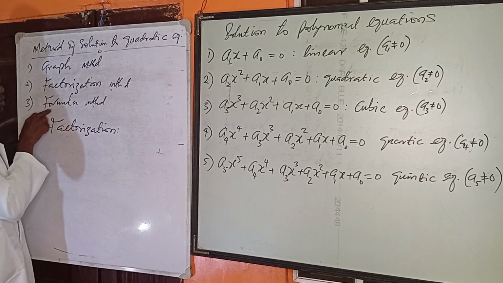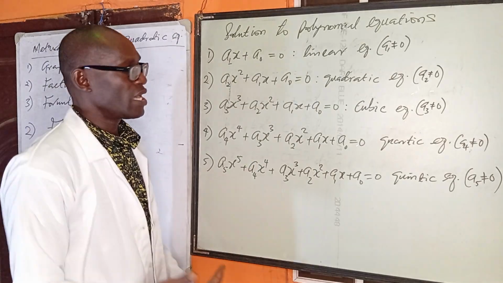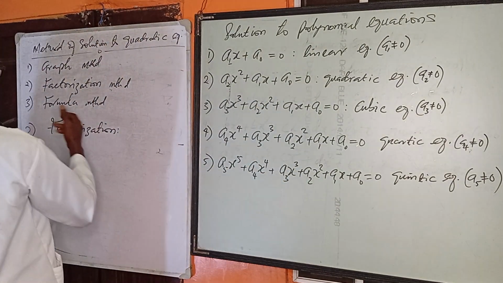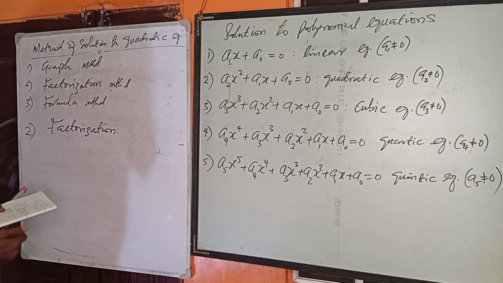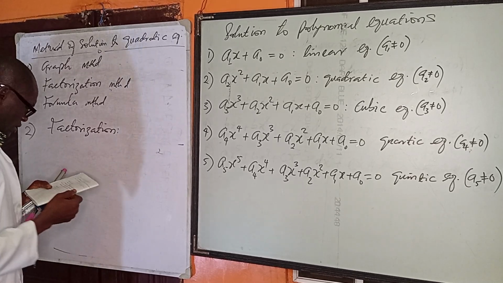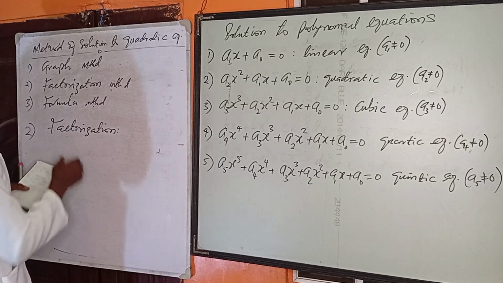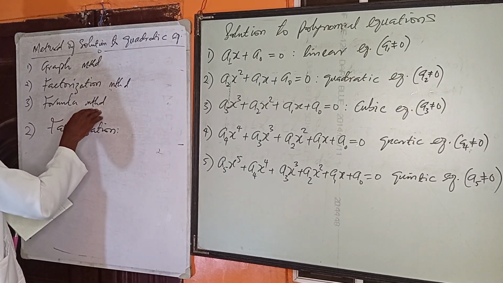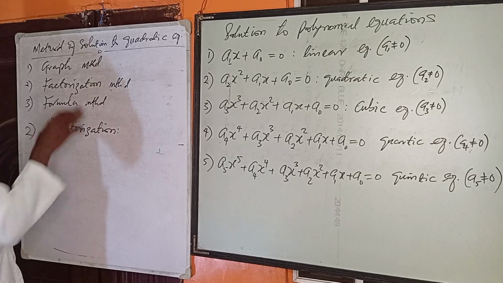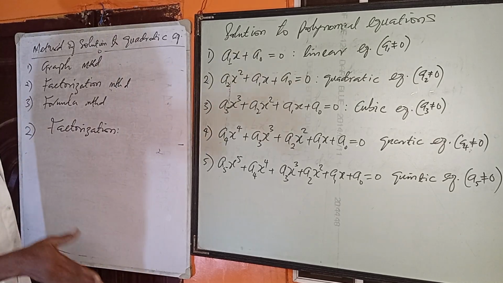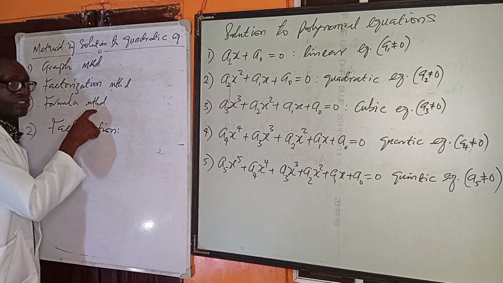Because sometimes you find that in texts they might give you a completing the square method, or some other method different from completing the square. But at the end of the day, you observe that those methods will finally give you this formula. You will finally derive this formula.